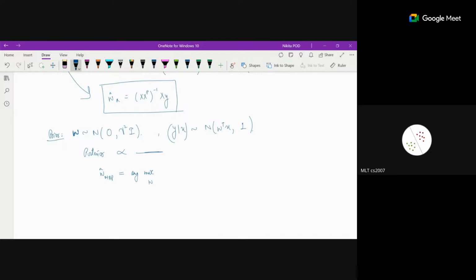When we did this, the posterior was looking something like minus the sum of yi minus W transpose xi square, minus 2 norm of W square by 2 gamma square, where i varying from 1 to n. I have not worked out the proofs anywhere, but for you to understand how it is coming, if you have not looked at the proof, please look at the proof also once.